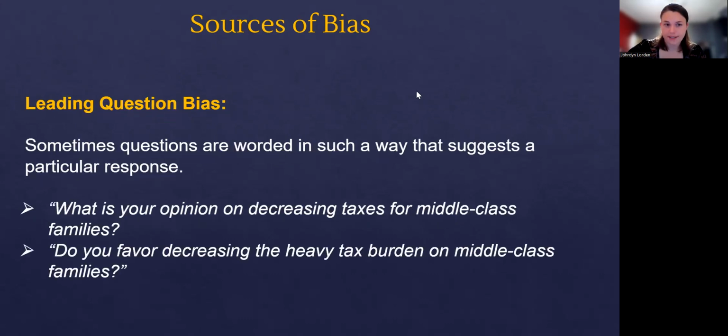Leading question bias. Sometimes if you word a question in a certain way, it can influence how people answer. One example from a study one of my students did was they wanted to know if people from Arizona versus out of state prefer warm weather or cold weather, and how those rates compared. But the question they asked was, do you prefer it when it is cold or when it is warm?